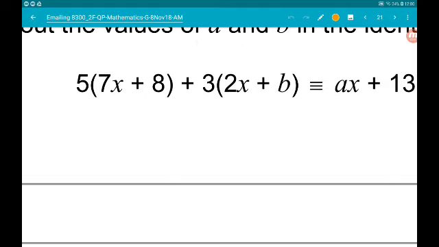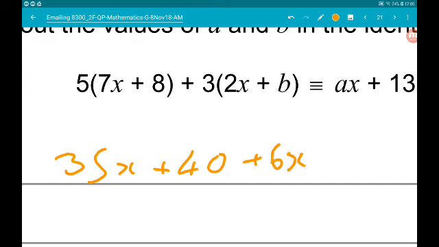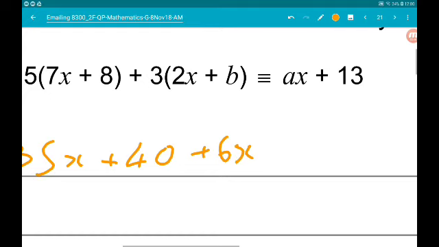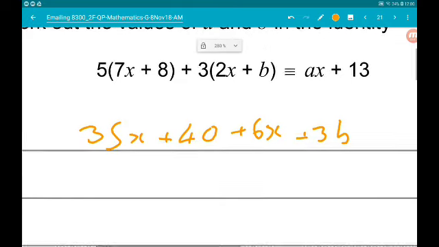So 5 times 7x is 35x. 5 times 8 is 40. 3 times 2x is 6x. 3 times b is 3b. So let's simplify that.